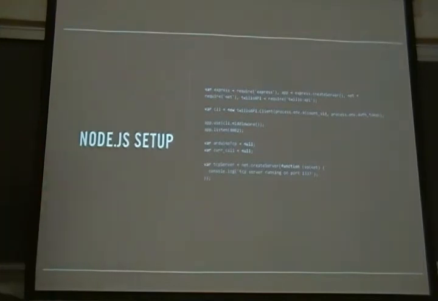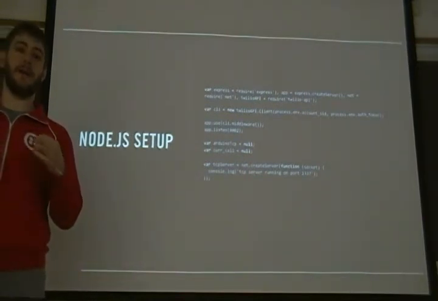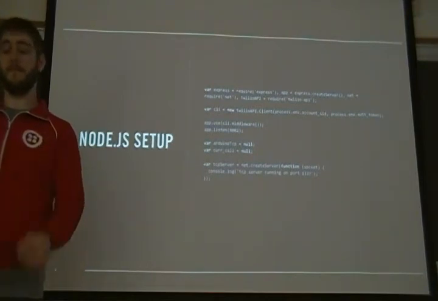So for those of you who haven't, Node.js is basically an asynchronous back-end framework for writing JavaScript. Many of you have probably written JavaScript on the front end, and Node allows you to write it on the back end or in scripts or in your terminal. It's very powerful, and it allows you to do really intuitive asynchronous programming.